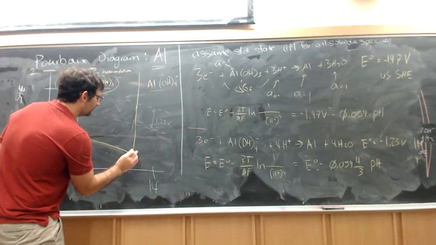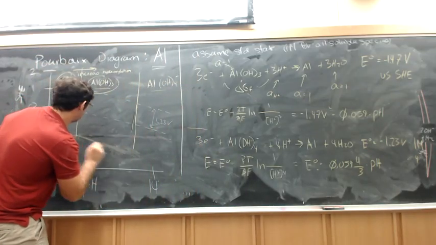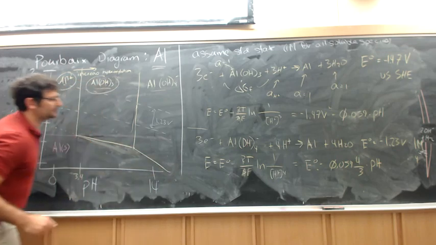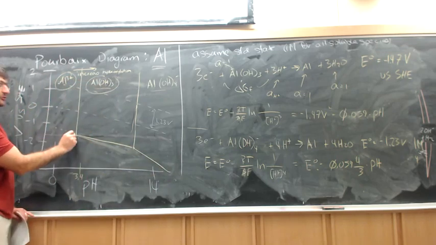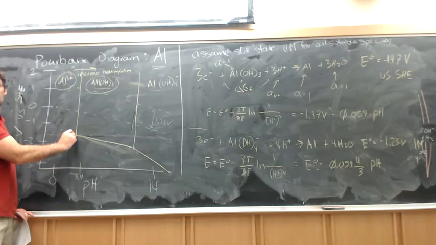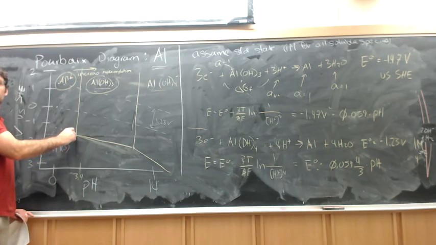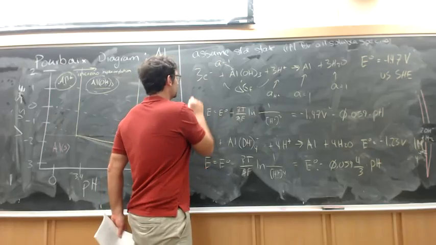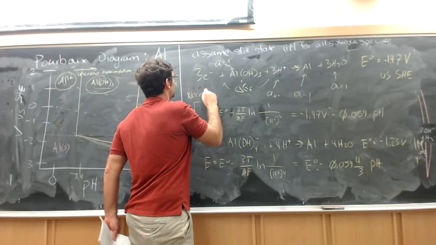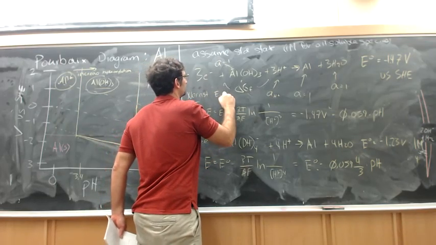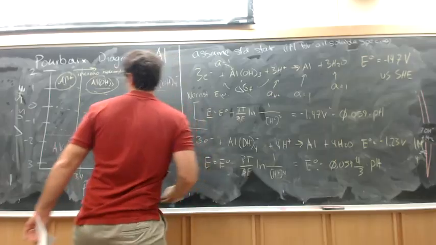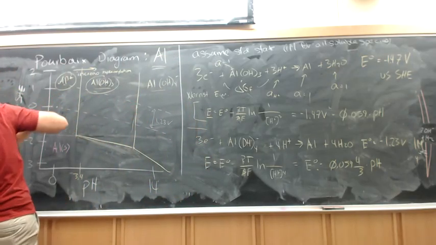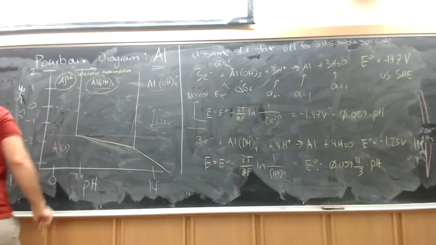And it's going to go from this point, and this is not very quantitative, but it's okay. It's just going to have a little bit steeper slope. This has no slope. There's no protons in the balanced chemical equation. This slope is given by this Nernst equation. This is E, in units of volts versus SHE.